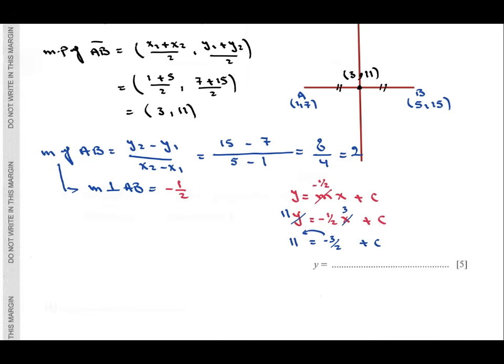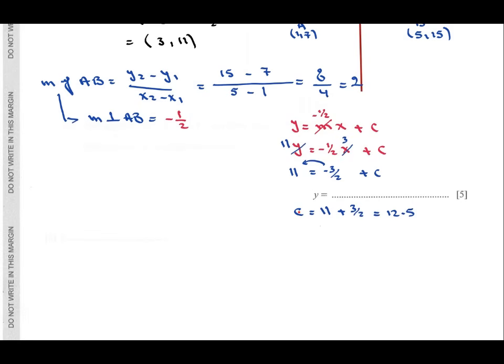To find c, c equals 11 plus 3 over 2. 3 over 2 is equal to 1.5. 11 plus 1.5 is equal to 12.5. So the final form of the equation will be y equals negative half x plus 12.5 as a final answer. Thank you. Let's go to the next question.